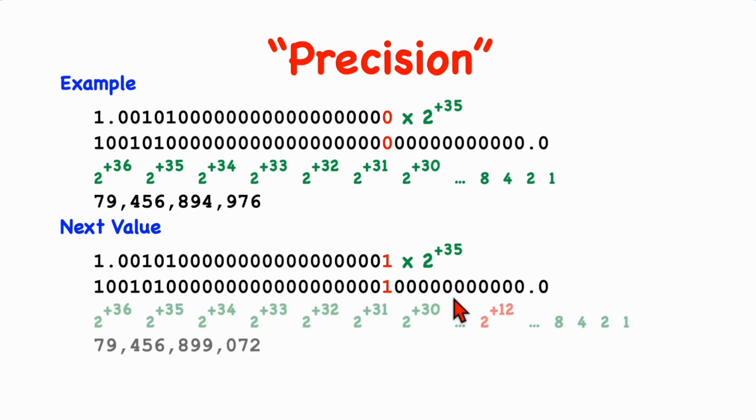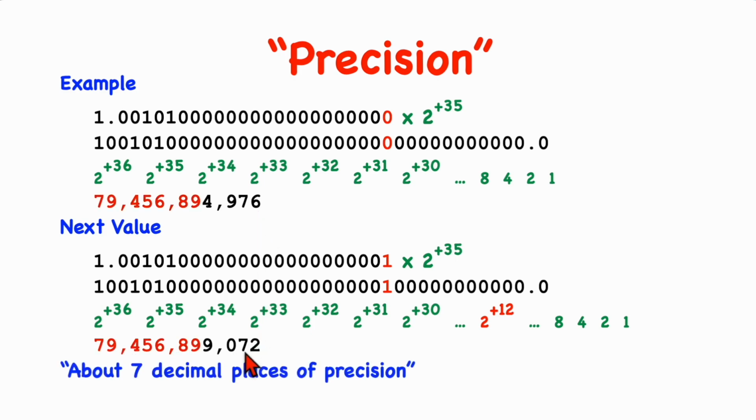And if we multiply it out, we see that this bit is in the bit position that corresponds to 2 to the 12th, or 4K, and it represents this value here. So we see there's quite a gap between these two values. The gap is exactly 4096, or 4K.